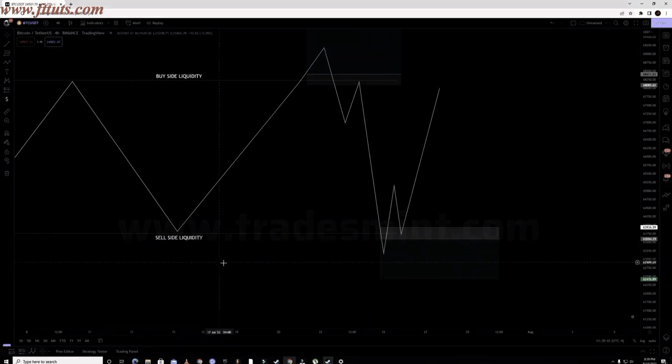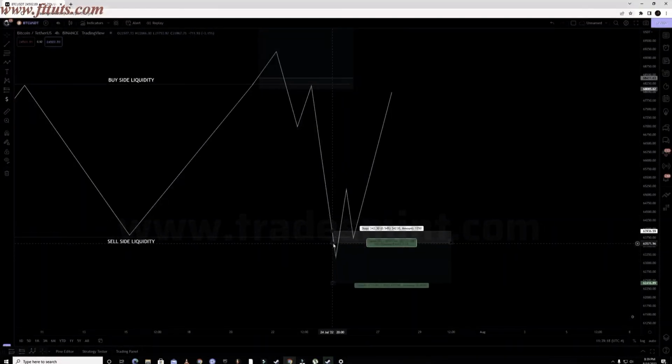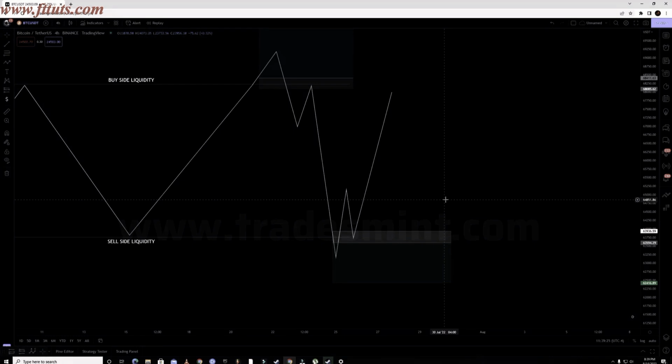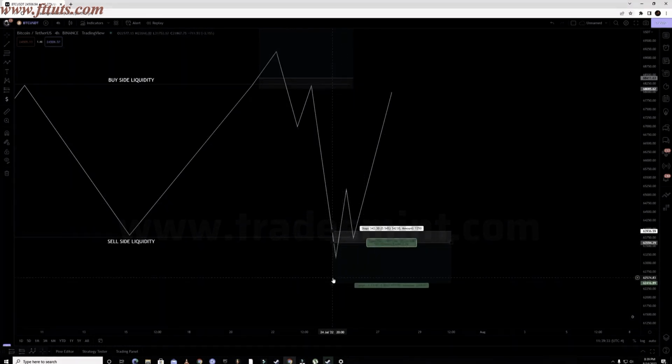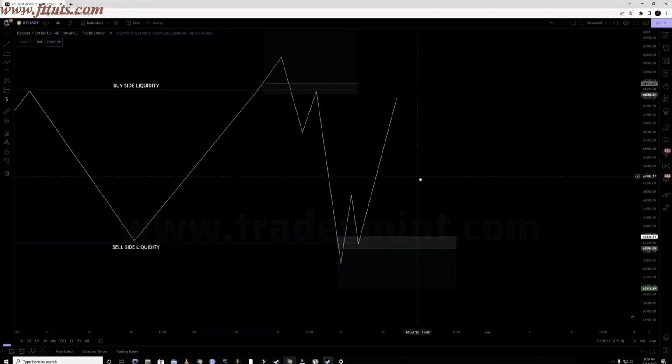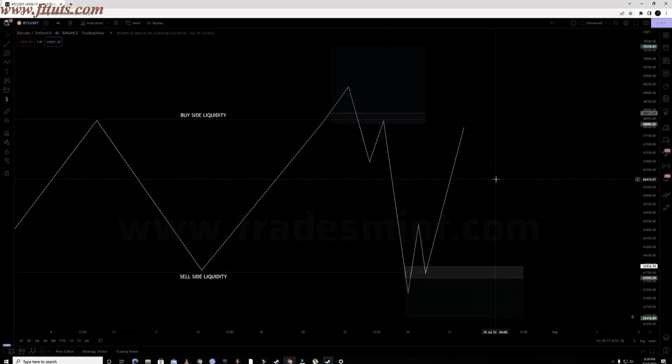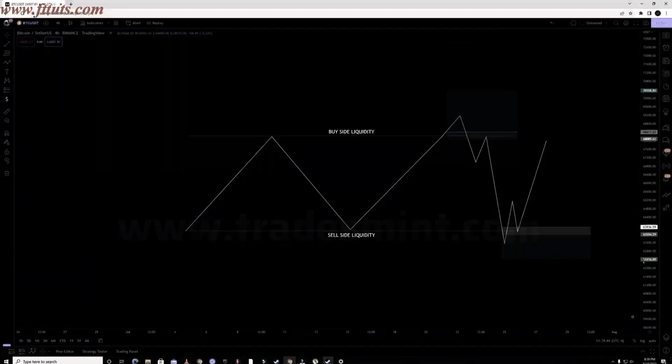Okay, so when we are shorting, let's say you shorted here, and price stops you out, then it would trigger buy orders because you are selling, right? So when you get stopped out, it will trigger buy orders, and then with the momentum, with liquidity, price is gonna go back up. It's gonna go back to its original destination with heavy momentum. So this is the concept of liquidity.